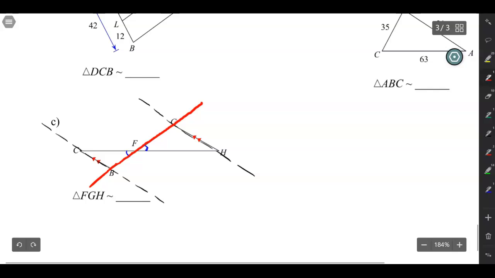Okay. For example, I know that angle B is congruent to angle G because they are alternate interior angles. So let me write that down. Angle B is congruent to angle G because of alternate interior angles.